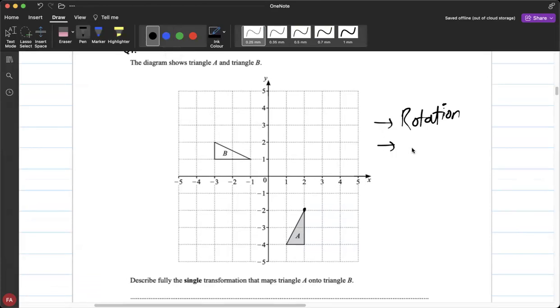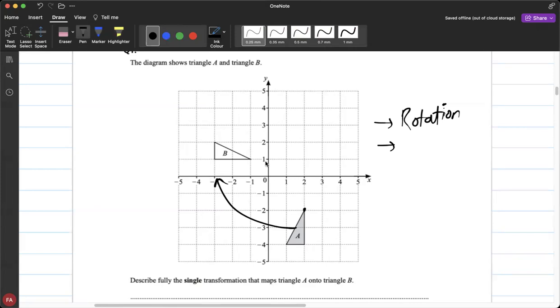The second part has to be, what kind of rotation is it? What kind of direction are we moving in? I can clearly see that it's going in this direction. Now, this is something where I used to get confused a lot as a student. If you're confused as to whether it's clockwise or anti-clockwise, in your CIE exam hall, there's going to be a clock right in front of your row.